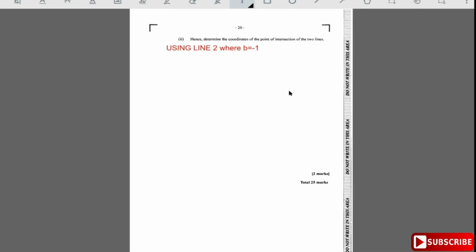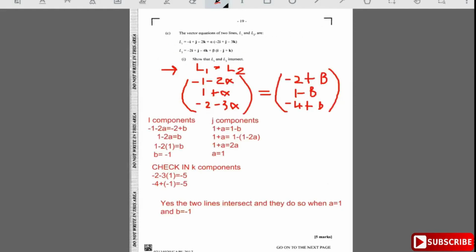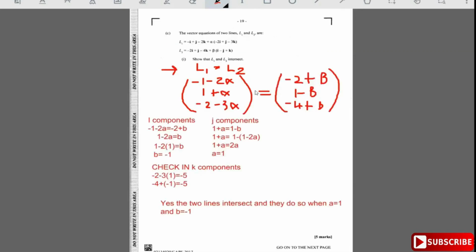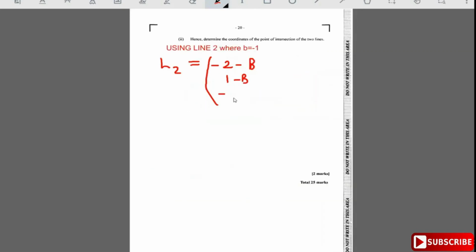So I'm going to use L2, which is -2 plus beta, 1 minus beta, and around here is -4 plus beta. So this we can use to find the point.